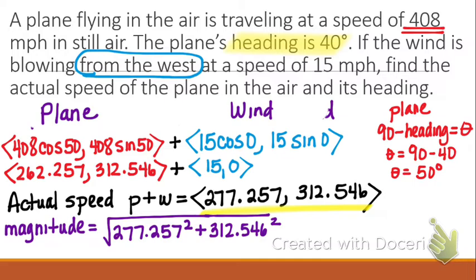And you should get that it's going to be approximately 417.8 miles per hour. Who got that for their answer?